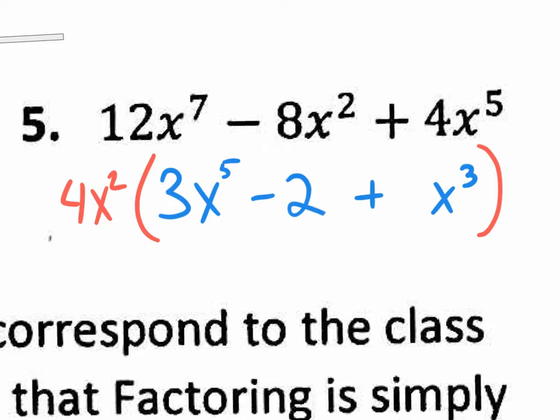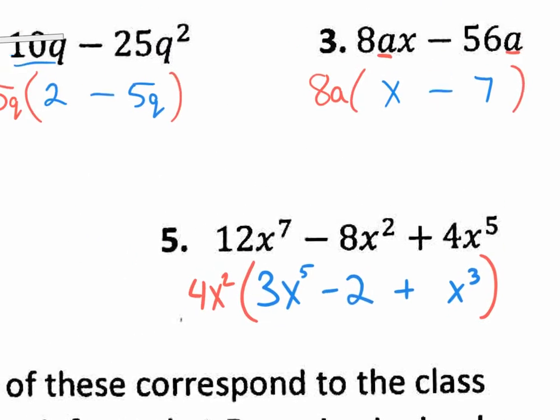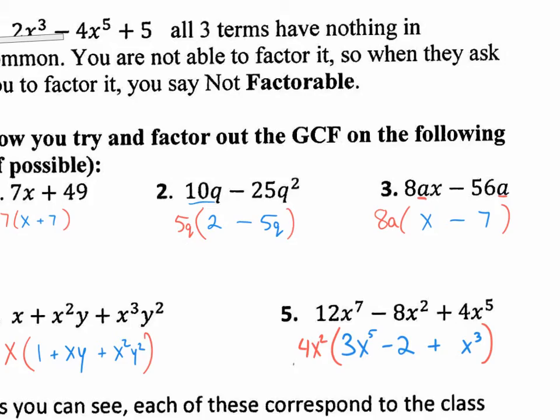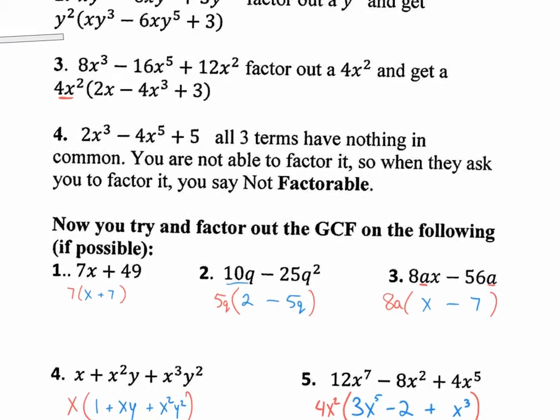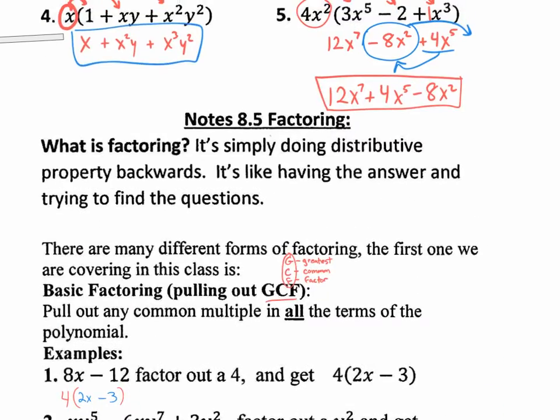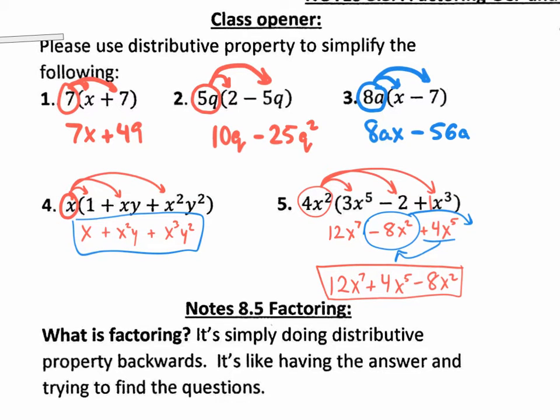Now check this out, guys. I don't know if you noticed, but the class opener questions that I did up here were the exact questions that we just did, but backwards. So if you look at the class opener question number 1, where we distributed 7 times x, 7 times 7, we got 7x plus 49.